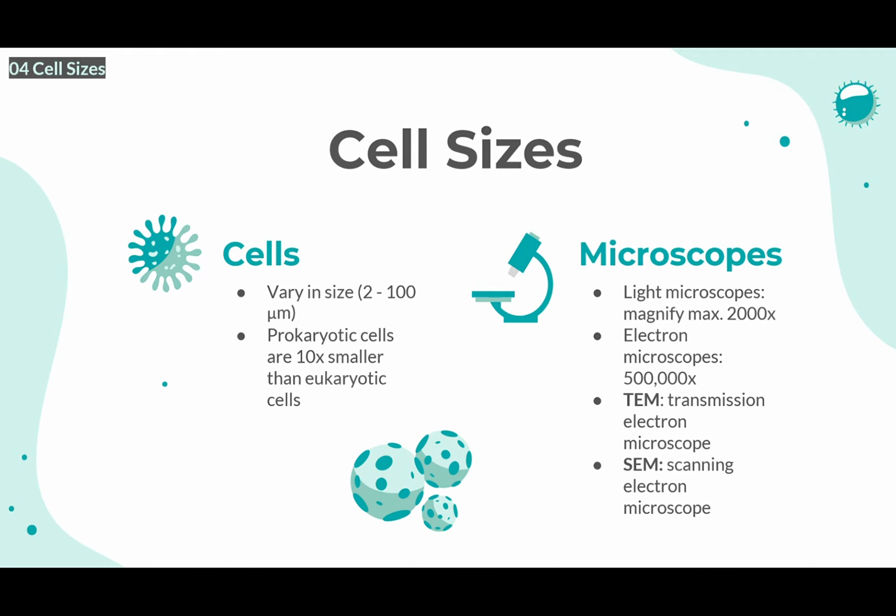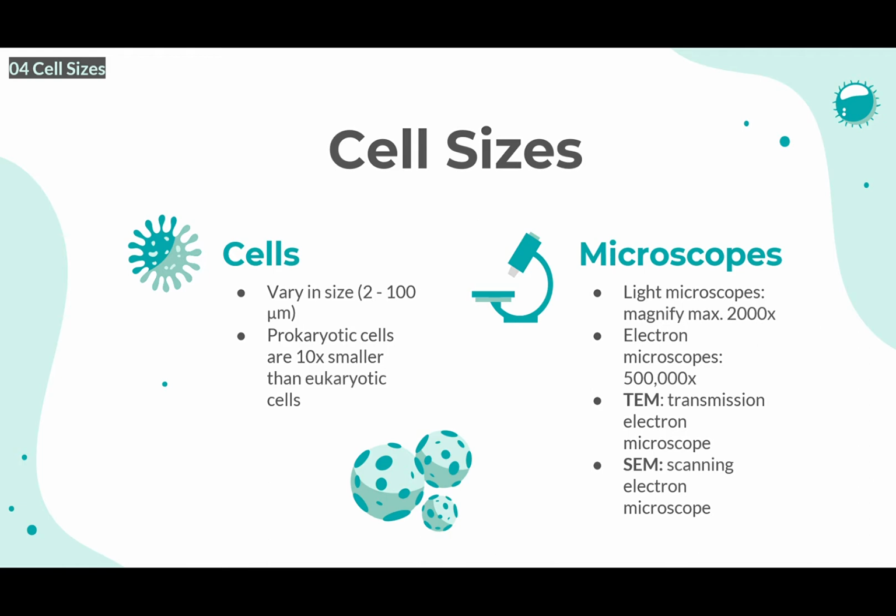The most common light microscopes can magnify a maximum of 2000 times, but an electron microscope can magnify a picture 500,000 times, because there's a better resolution because of the shorter wavelength of the electrons. The resolving power also means the ability of a microscope to separate different structures visually.